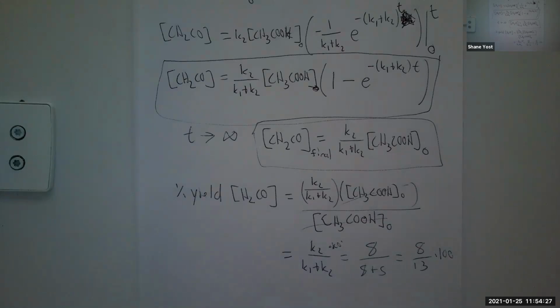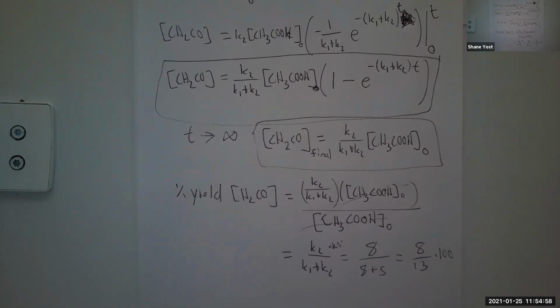Questions? Yeah, so if I wanted to know the percent yield for one of the products in the first reaction, the percent yield would just be K1 divided by K1 plus K2 times 100.